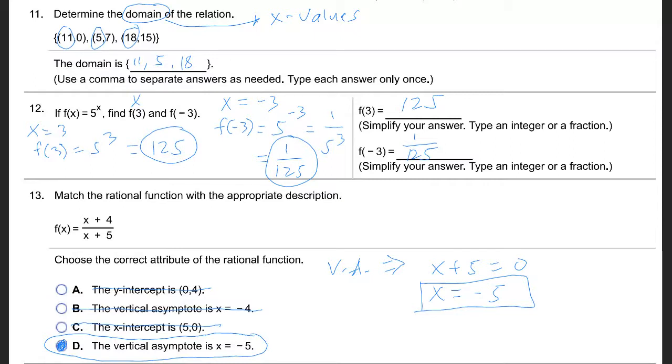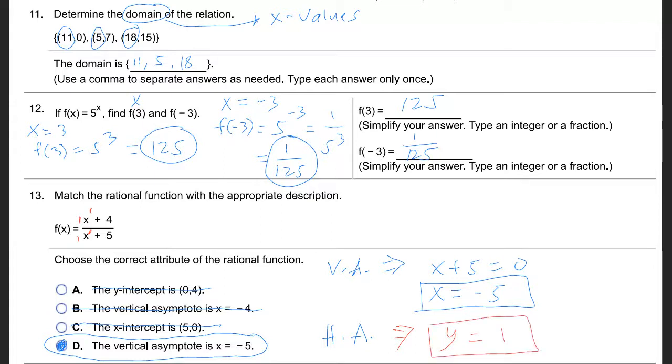In case you'll be asked to find the horizontal asymptote in this equation, you can look at the degree of the term on the top. So we have a power of 1 on the top, and you have a degree of power of 1 also, so they have the same degree. So in this case, we're looking at the number in front of this term. It's a 1 and 1 here. 1 divided by 1 is 1. So therefore, our horizontal asymptote should be y equals 1.